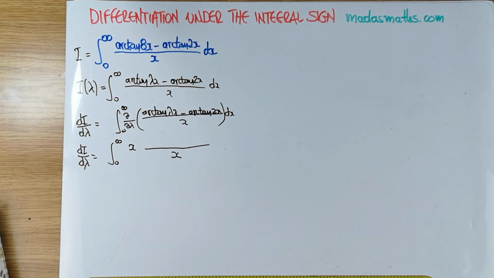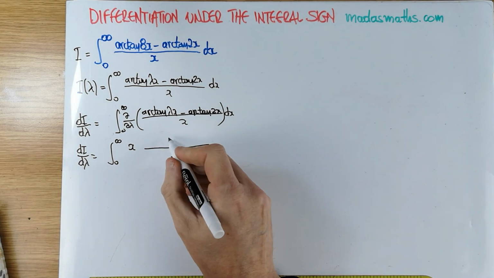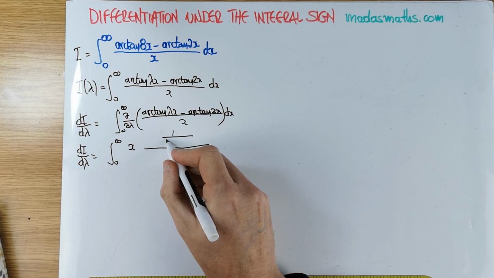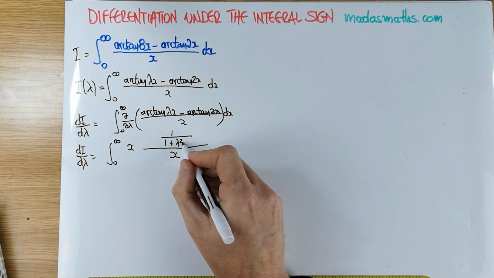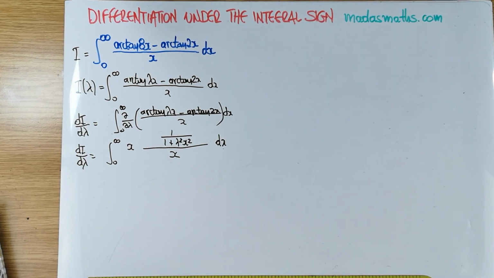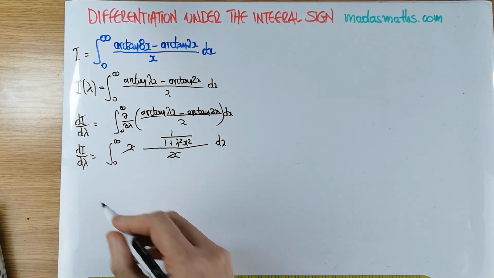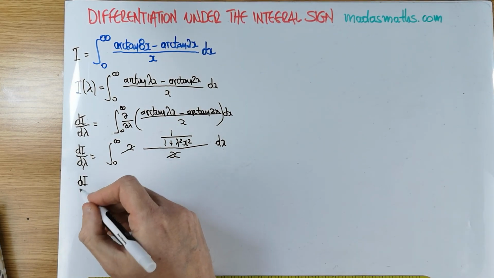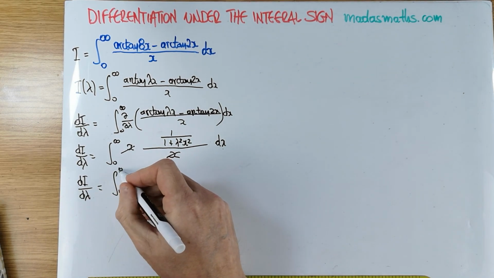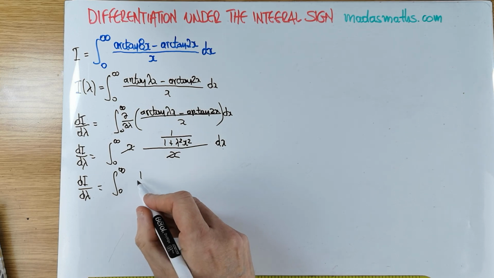And then the derivative of the arctan of lambda x is 1 over 1 plus lambda squared x squared, and it still needs to be integrated with respect to x. The x will cancel, and so far we have dI by d lambda equal to this quantity here.